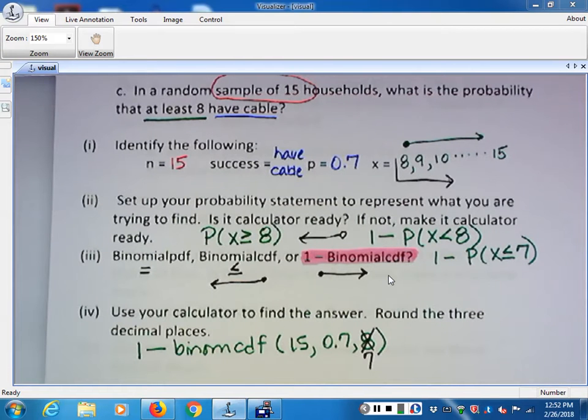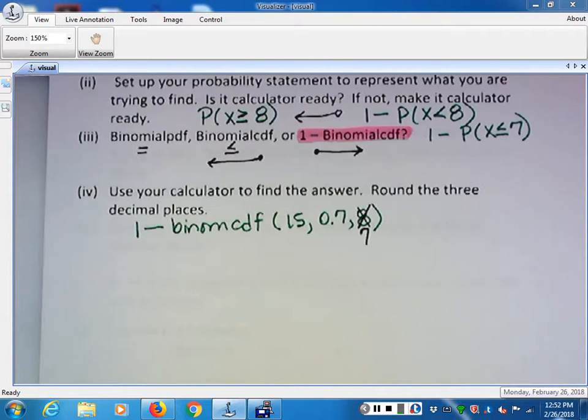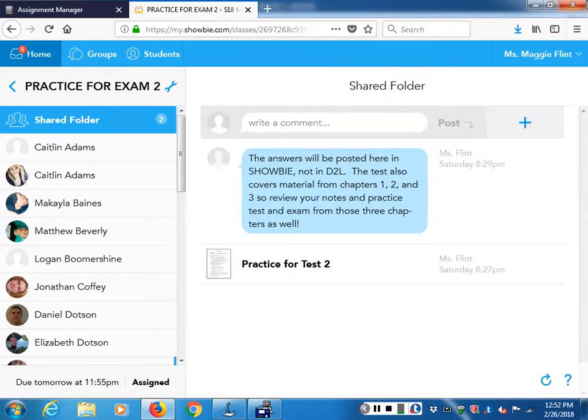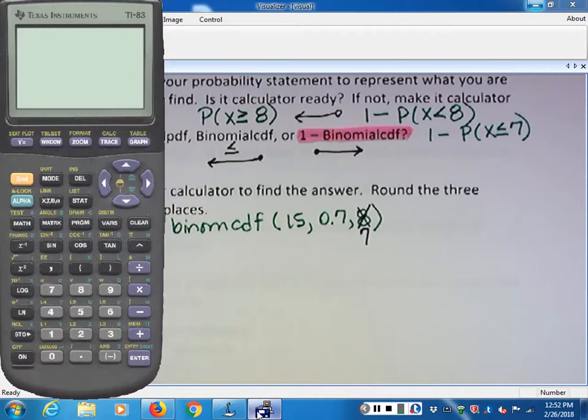Okay? It has to be a complement. We can't include 8 on both ends, so since we're going down, we have to only include 7.